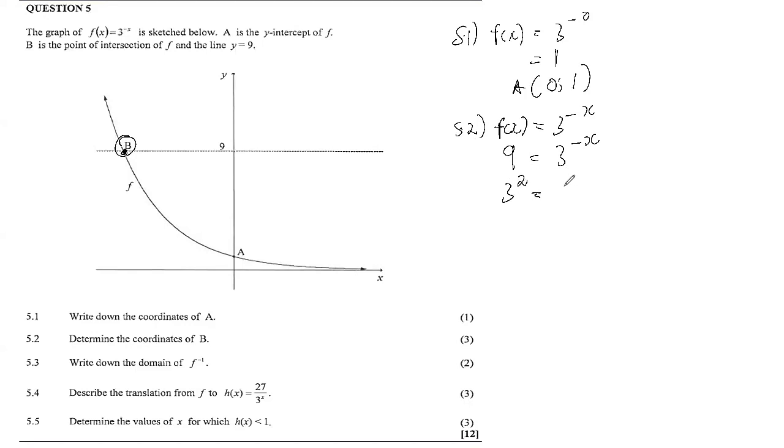That's 3 to the exponent of 2, equals 3 to the exponent of negative x. Now we can see that the bases are the same, so according to our rules of exponents, we can drop the bases and equate the exponents. So 2 equals negative x, which means x is equal to negative 2. But then our coordinates for B are (negative 2; 9). And that's how you would get your 3 marks.